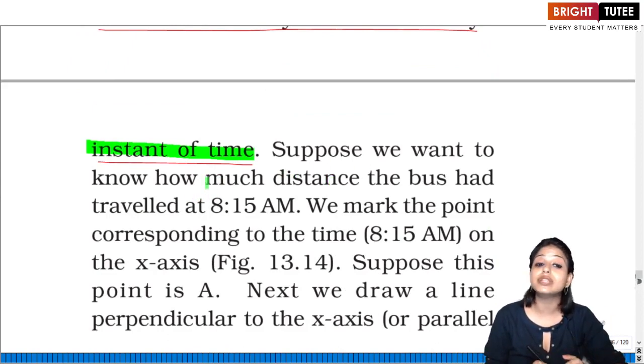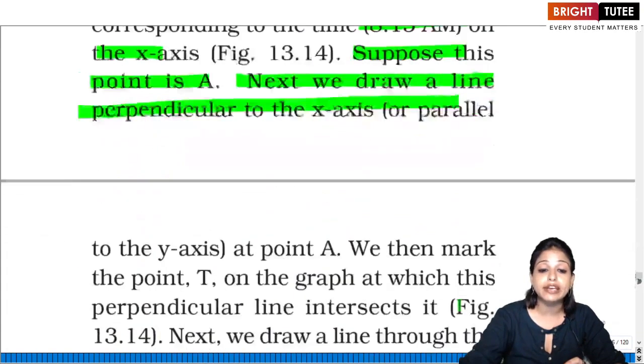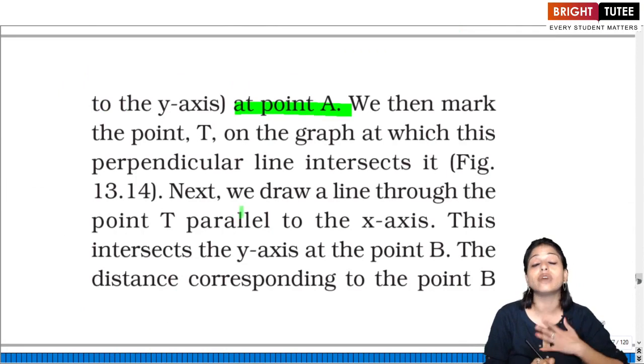Suppose we want to know how much distance was covered at 8:15. As I already told you, 8:15 on the x-axis gives me the y-axis value to be 10 kilometers, and hence we get to see the distance traveled, even at an intermediate time which was not in the data.